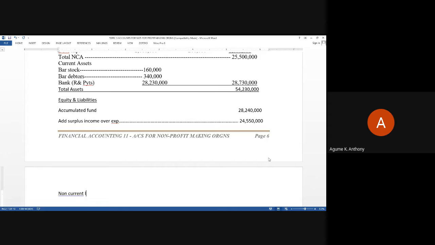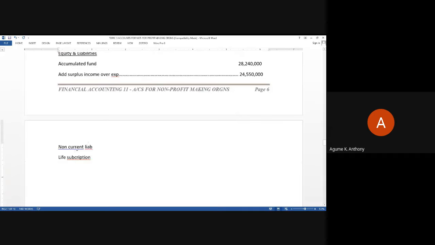Non-current liabilities. And it is on this that you will have your life subscription. And this life subscription, it was 900.